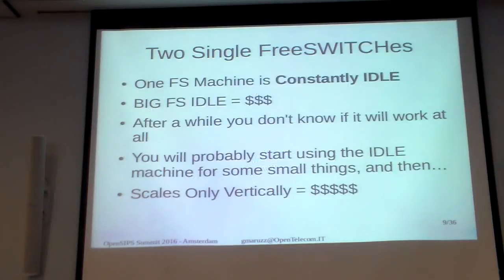So one machine is constantly idle, a complete machine with a lot of power, and it will cost a lot of money to have it just standing there idle, doing nothing.